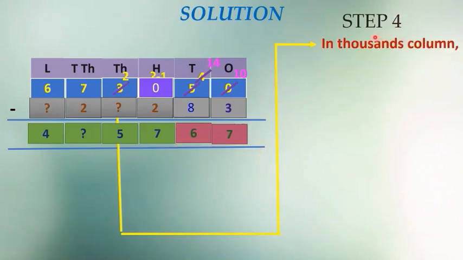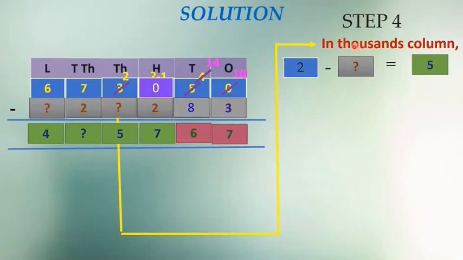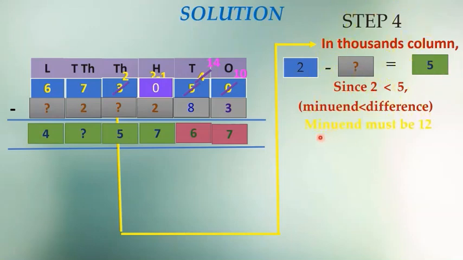Now we are going to do step 4. Here it is. How to do in thousands column. 2 minus, that is minuend minus subtrahend, that is 2 minus question mark is equal to difference, that is equal to 5. So here we have to find subtrahend. So how do we get it? Minuend minus difference must be the question mark, that is subtrahend. But here minuend 2 is less than 5, that is difference. So what we have to do? Minuend must be 12. So we have to borrow from 10,000's place.